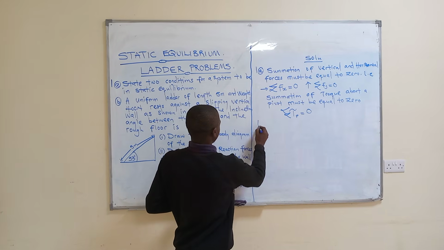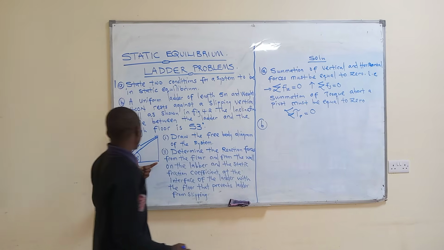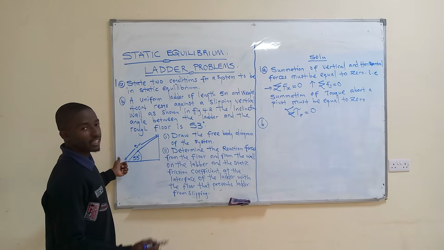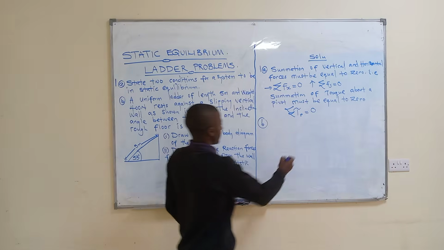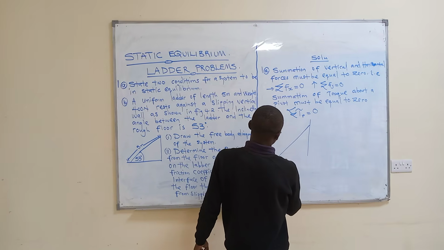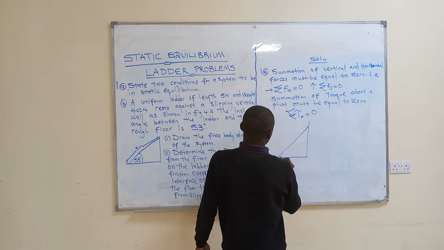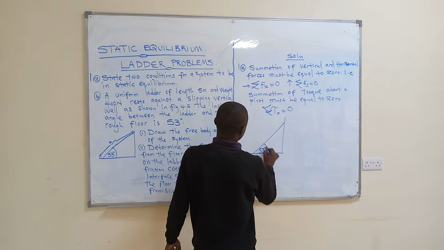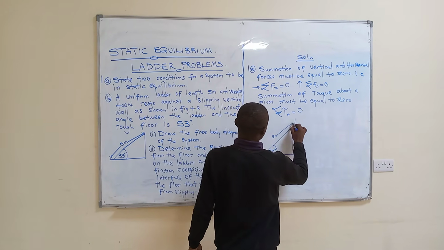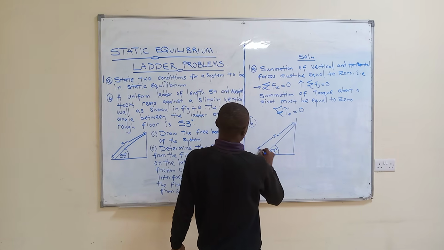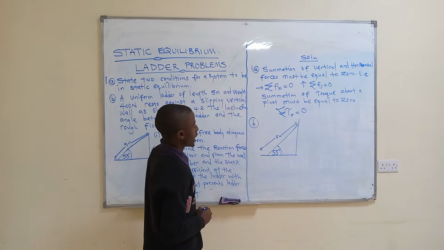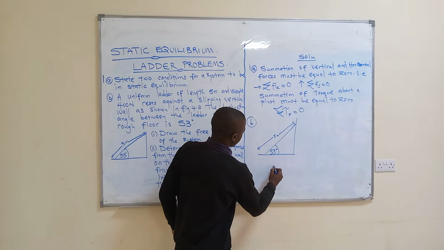So we go to B. I'm going to extract this triangle. This is the ladder having the length of 5 meters, a ladder leaning against the wall at 53 degrees. What you have to understand is that the question is saying that this floor was rough.